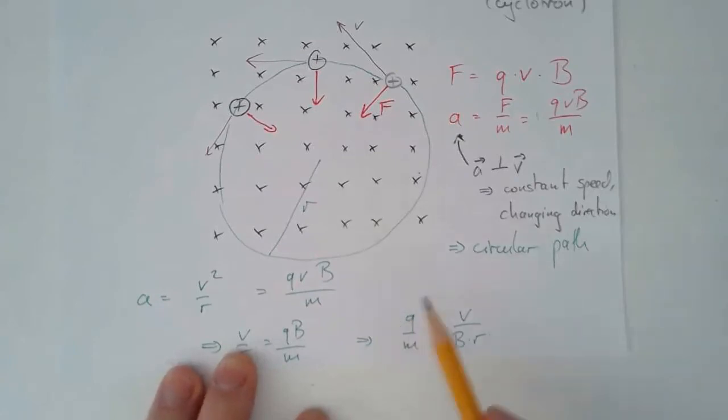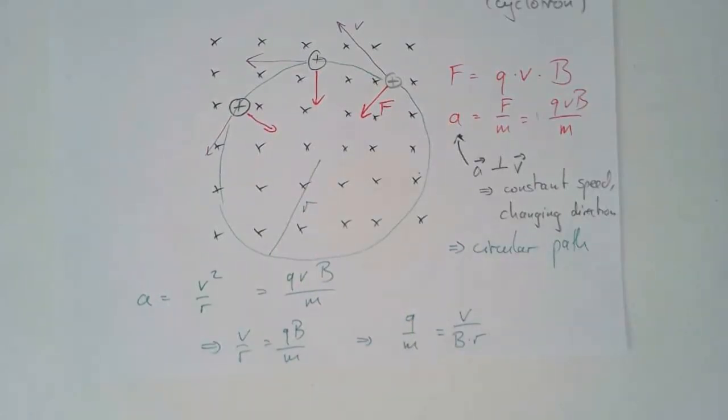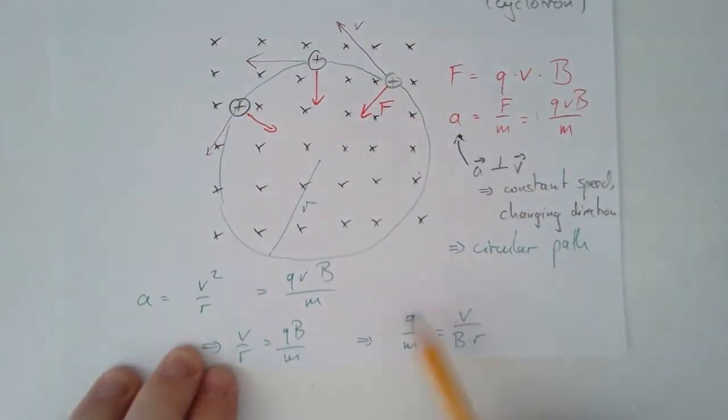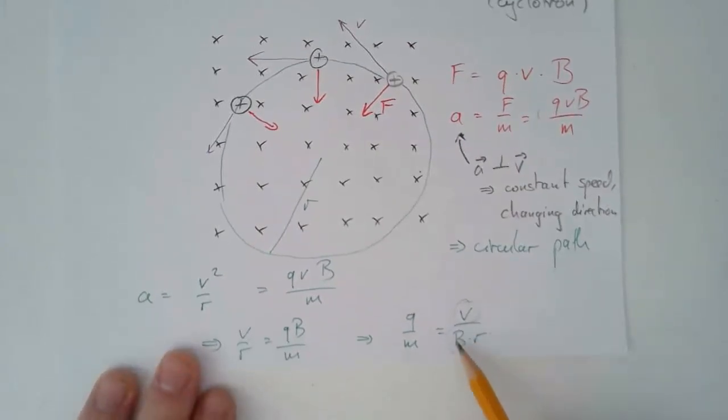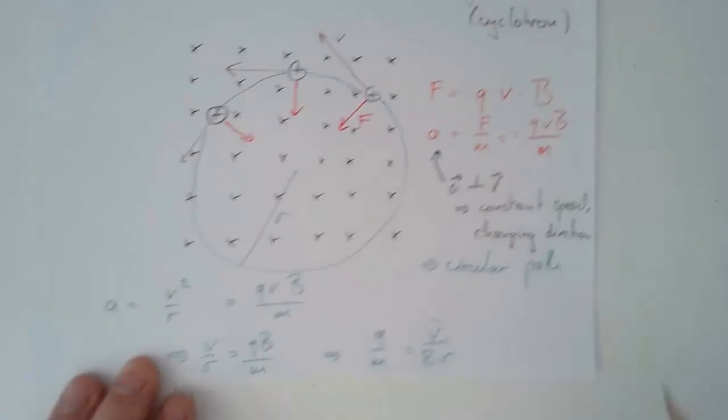The point is that if you have a bunch of different particles, like different atoms, different molecules, different fundamental particles that you don't understand what they are, then you shoot them through a magnetic field, and you shoot them with a speed v that you decide. You set the magnetic field to be what you want it to be, you measure R, and you determine this.